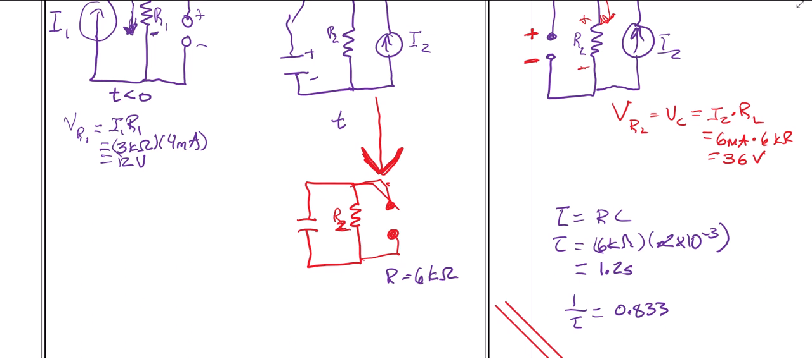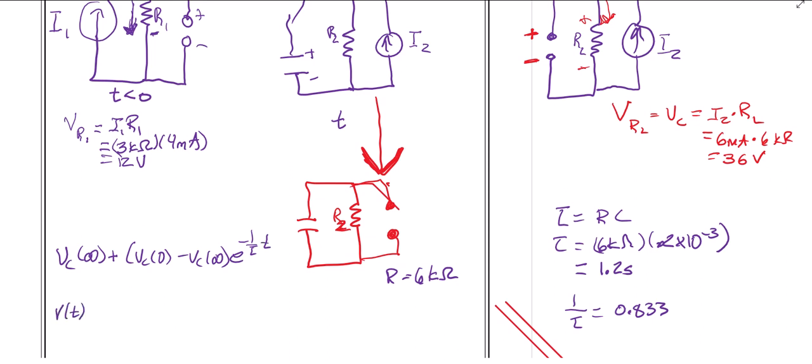So then I plug in to VC at infinity plus VC at 0 minus VC at infinity, e to the minus 1 over tau t.